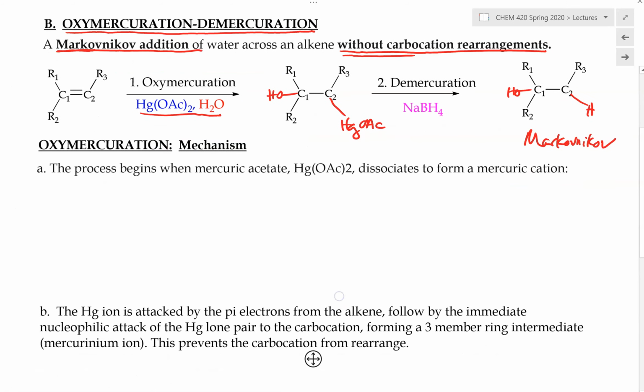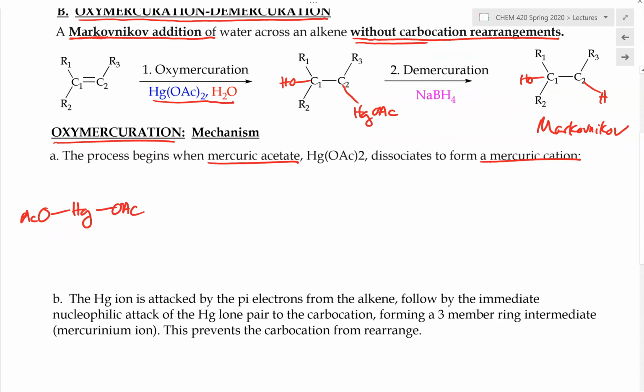And the mechanism of this reaction is as follows. First, the oxymercuration step. So that is the first step. This process begins when the mercuric acetate dissociates to form the mercuric cation first. So the reagent consists as follows. That is the mercuric acetate, and the mercuric acetate is first broken off to form the following.